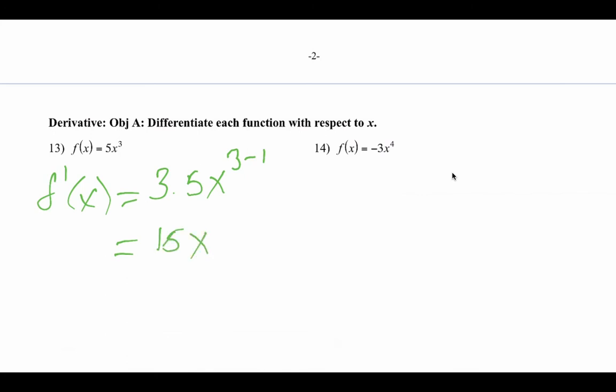So this is 15x to the second power. So this is the derivative. So for derivative, take the power, move it to the front, and then the power minus 1.